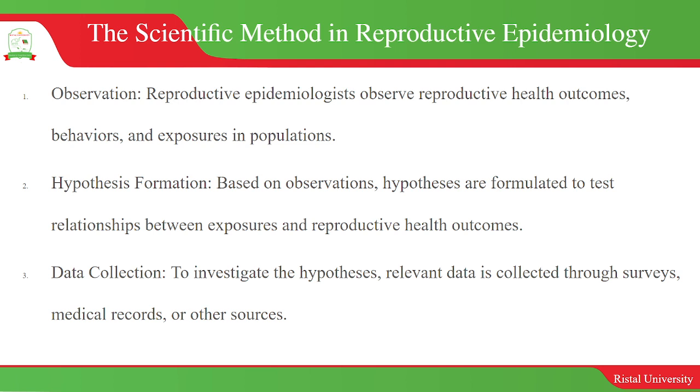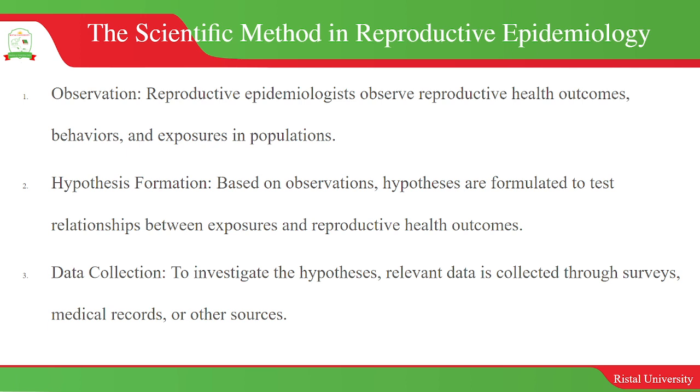So earlier on, we talked about the epidemiologic process or the epidemiologic approach. It's what you can call the scientific approach or the scientific method, which is basically that you see a problem, okay, and then you want to address this problem. So you may say, okay, there is a high prevalence of female genital mutilation cases.